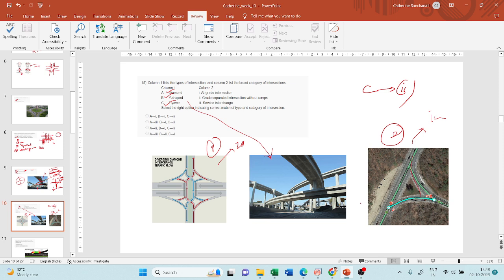It is an at-grade intersection, both roads are at the same level. So B is 1. And D is a service interchange. We saw what a service interchange is, and a diamond interchange is an example of a service interchange. So it comes under 3. So the correct answer is B.